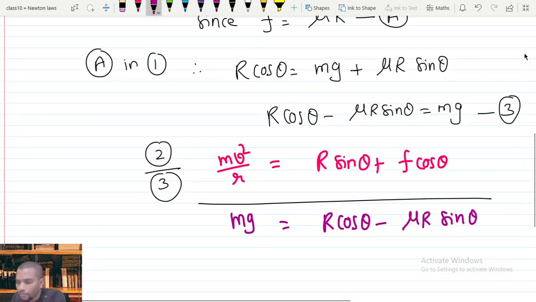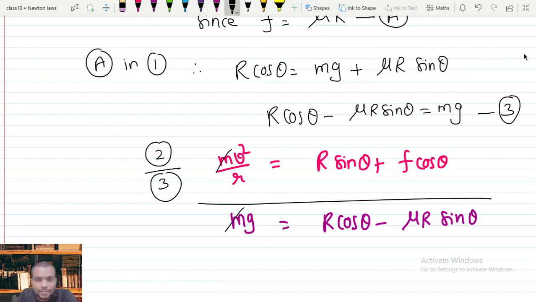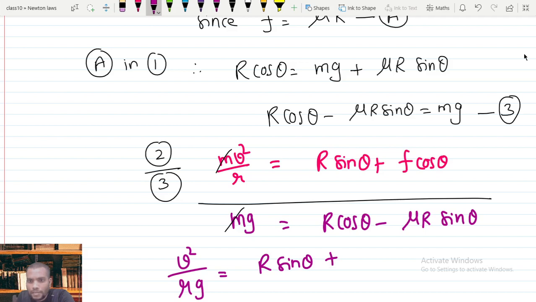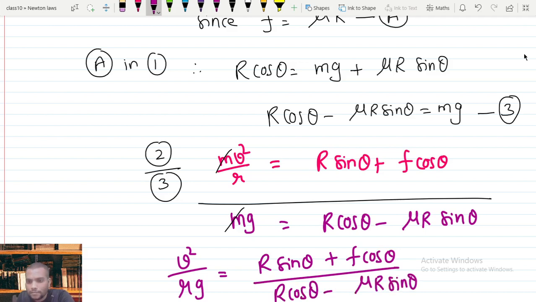Okay, now let us cancel the terms. So here m is common on both sides, and if you rewrite the above expression, that equals v square by r g, which equals R sin theta plus F cos theta upon R cos theta minus mu R sin theta.